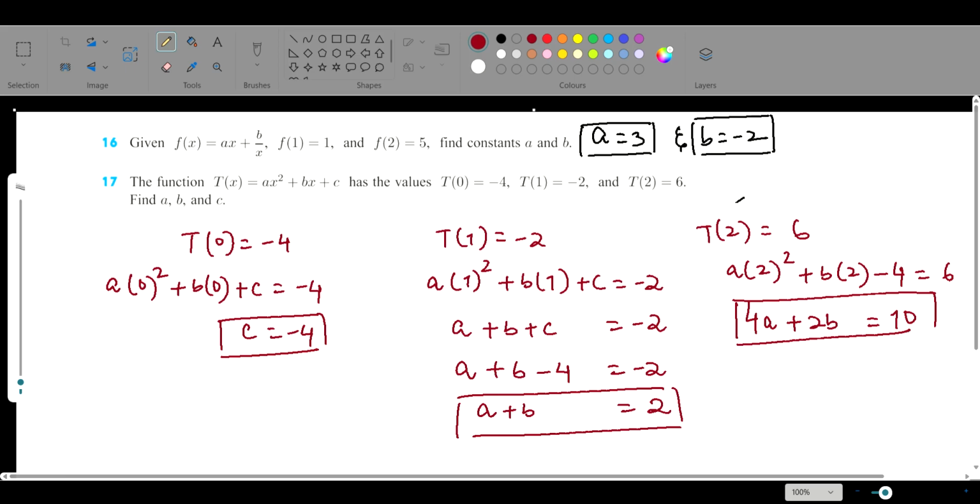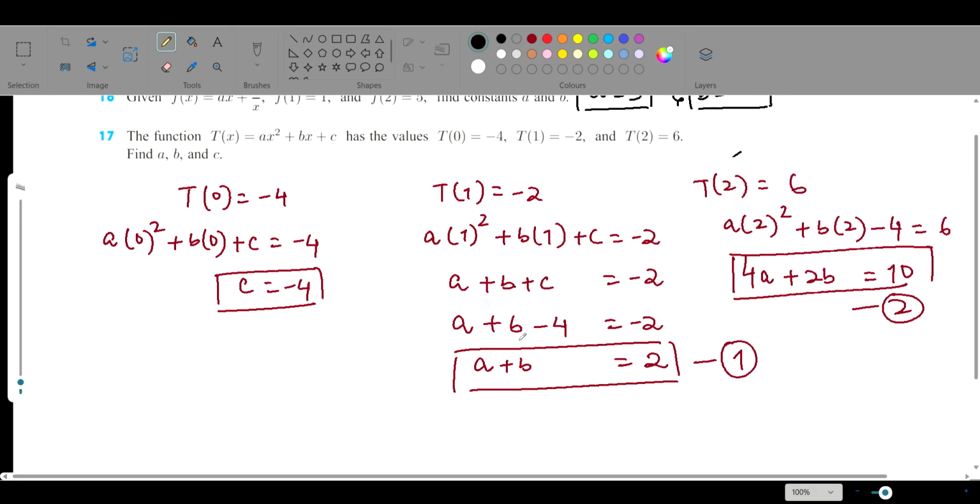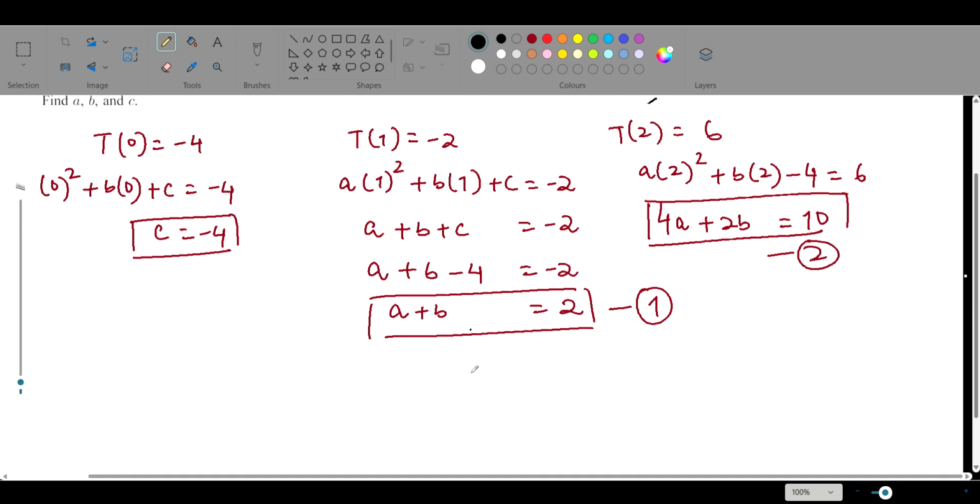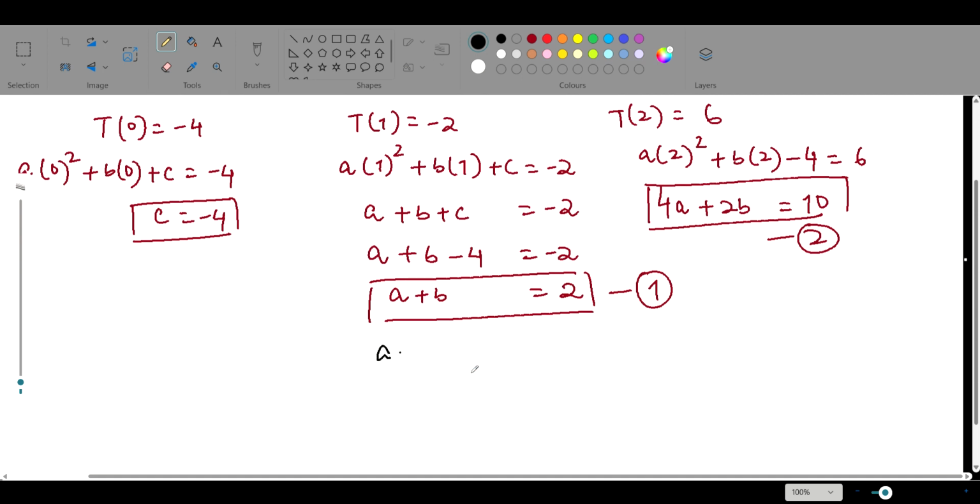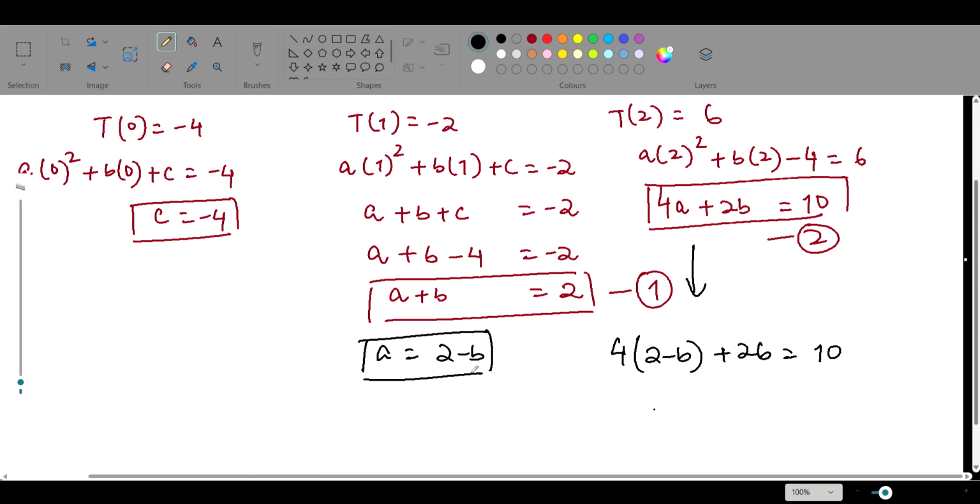Now we again have the same two equations to get A and B. A is equal to 2 minus B. So if I substitute this A value here, it is 4 times (2 minus B) plus 2B is equal to 10.